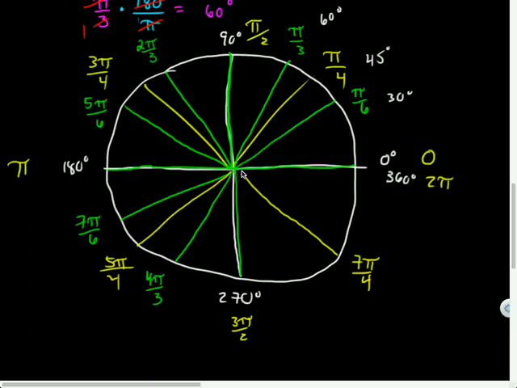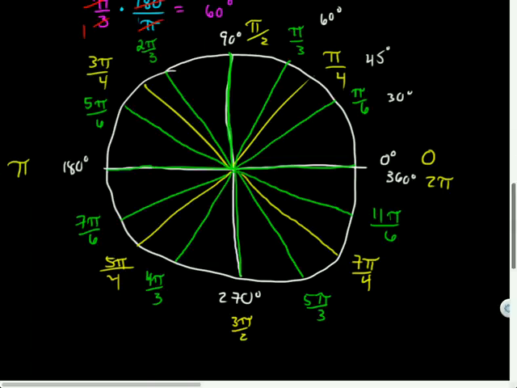The green, 9, 10 pi over 6, which reduces to 5 pi over 3, right? Yes. And this last slice of our special angles, 11 pi over 6.